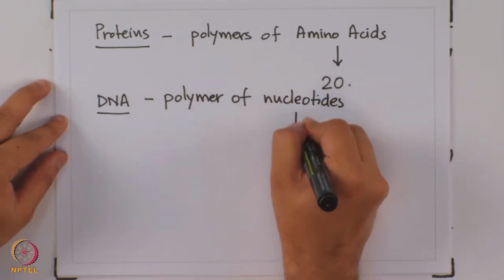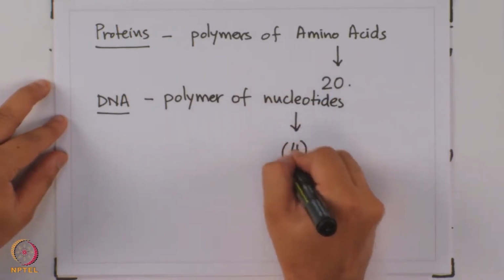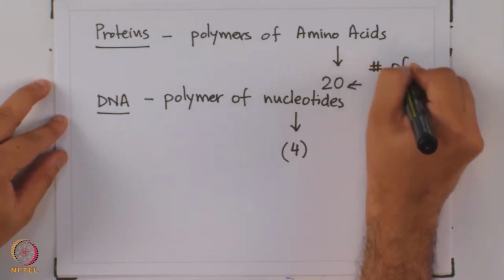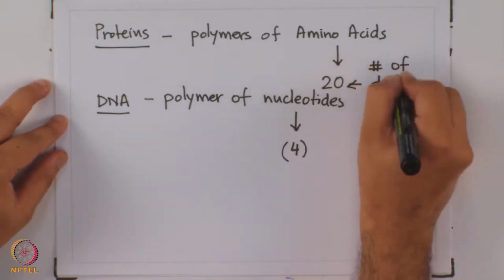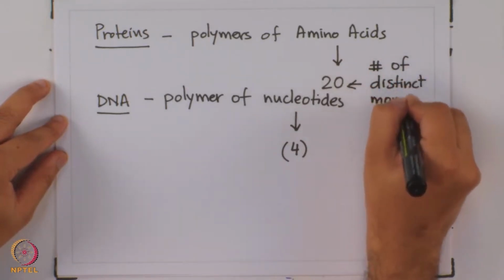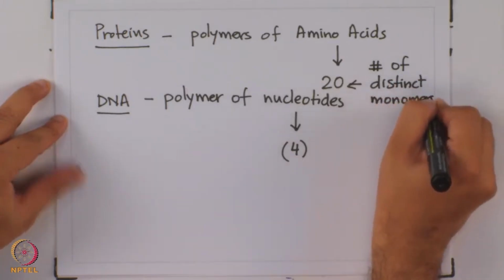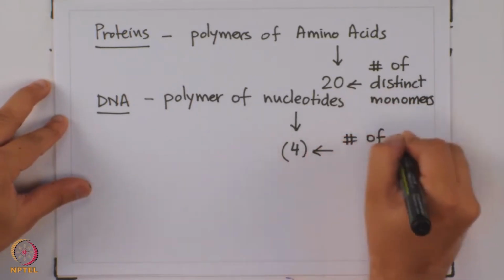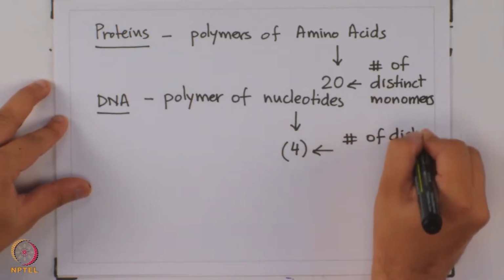And the number of monomers is 4. So, think of these as the number of distinct monomers. This is the number of distinct monomers when it comes to the DNA polymer.